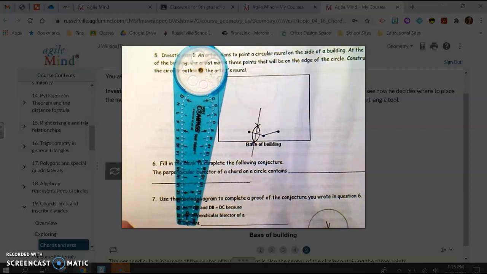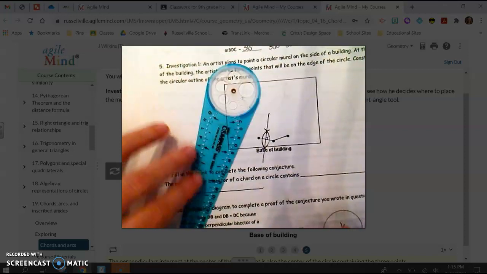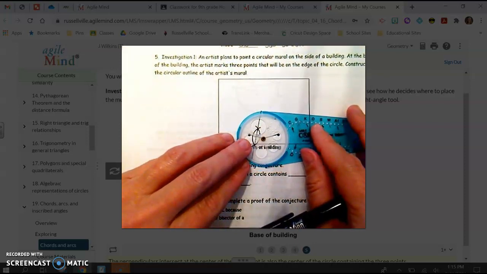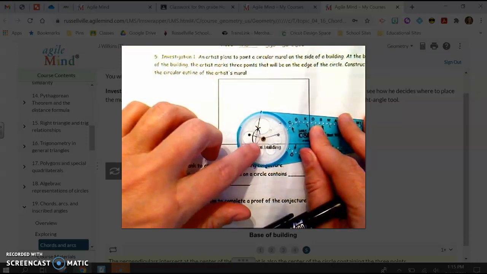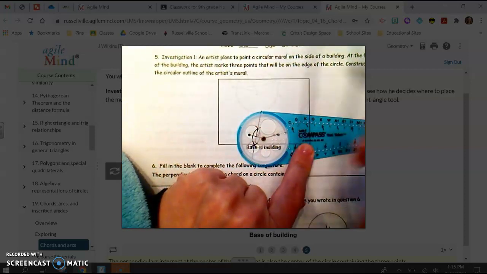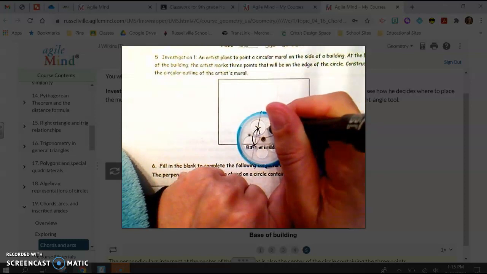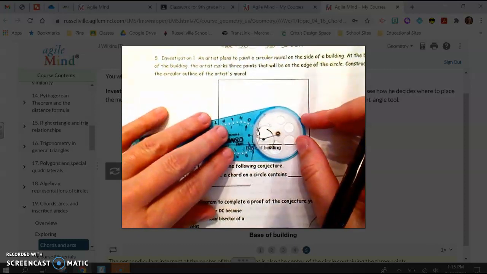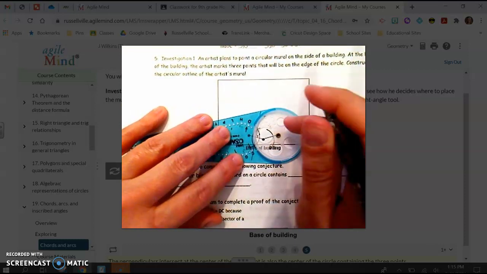Now we're going to repeat it on the other side. I'm going to put the end of my compass. The segments appear to be the same length, so I could probably get away with using the same one. But just remember, it has to be more than half, has to go past the midpoint. Then use the same setting.